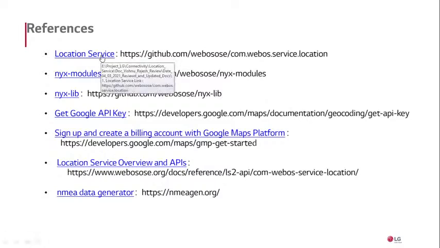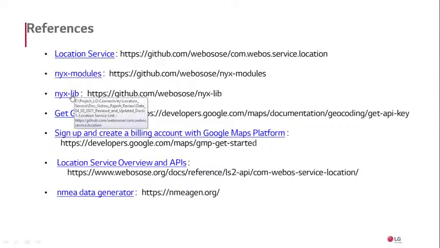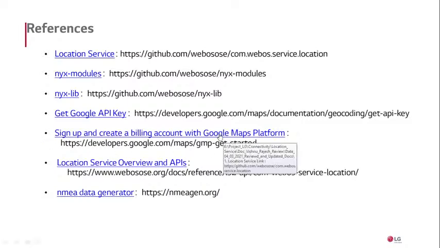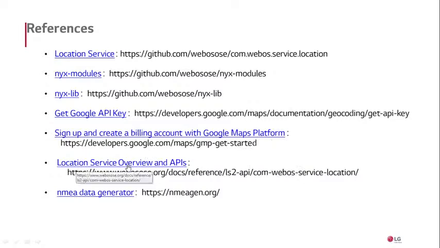These require the location service and the Nyx module and the Nyx library, and these are the references for creating or generating the API key to use the Google APIs, and signing up for Google Maps to use the APIs.